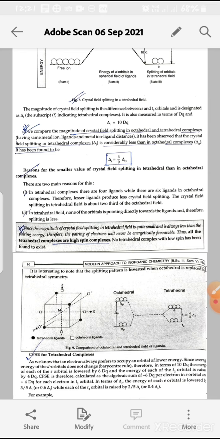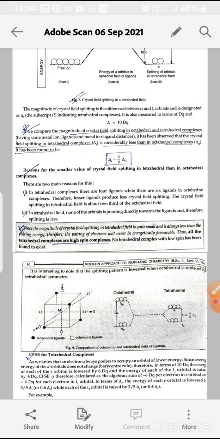So that's why delta T is always less than delta O, and that is equal to 4 by 9 delta O. The reason behind this, first reason: in tetrahedral complexes there are 4 ligands, whereas in octahedral complexes there are 6 ligands. The greater the number of ligands, the greater will be the crystal field splitting. So in octahedral there are 6 ligands, so greater crystal field splitting, whereas tetrahedral has only 4 ligands, so there will be less crystal field splitting.